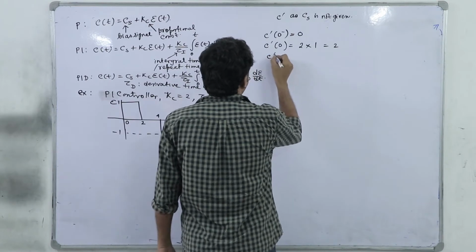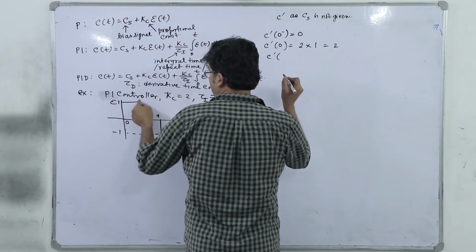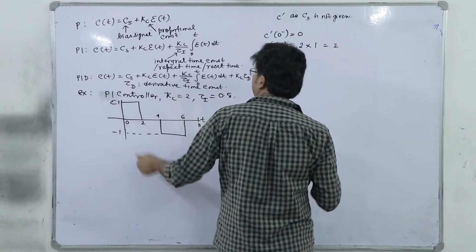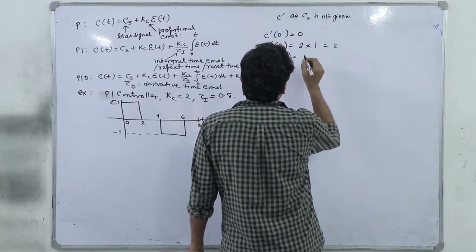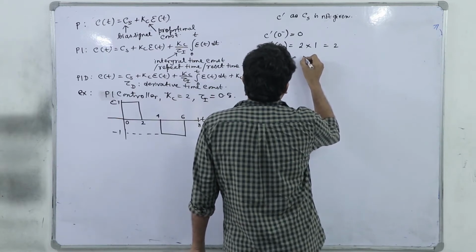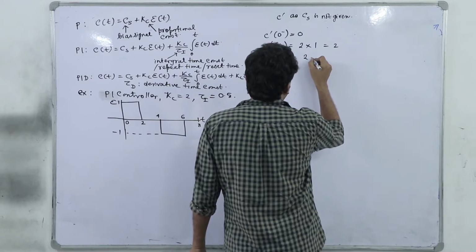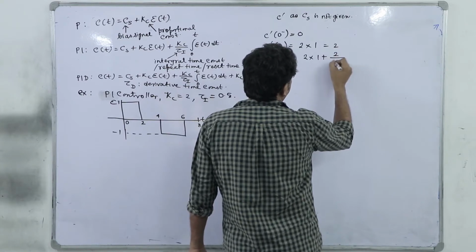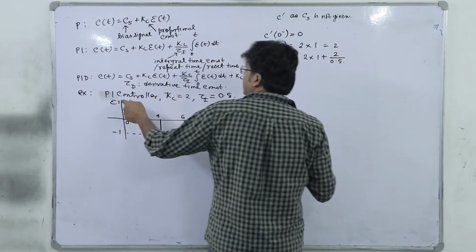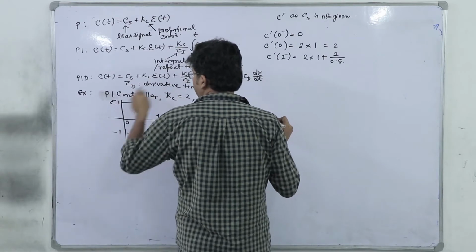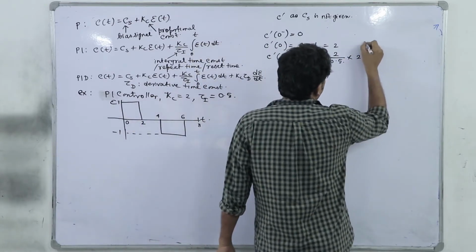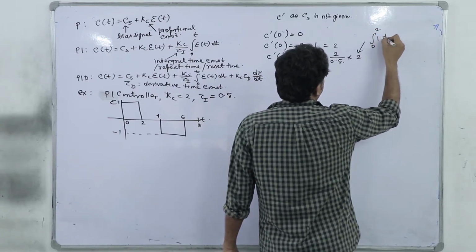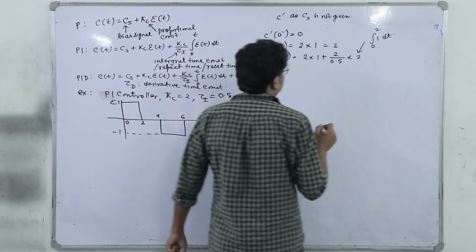Next, we go up to this point, that is 2 minus, where the instantaneous value again changes. So, C prime at 2 minus will be Kc, which is 2, times the current value of epsilon, which is 1, then Kc by tau I, 2 divided by 0.5, times the integral, the area under this curve, which is the integral from 0 to 2 of 1 dt, because the value of epsilon remained 1.